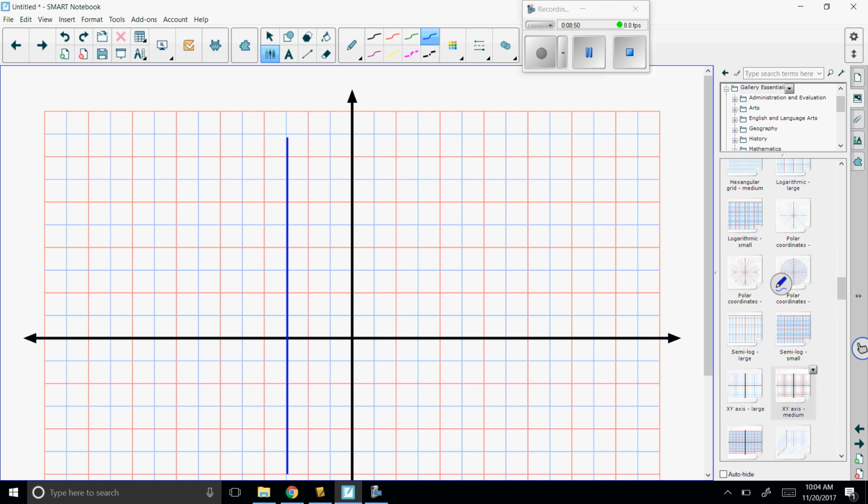My question for you is, what is the equation of that line? It's an undefined slope. Which axis does it cross? The x-axis, where? -3. So the equation for that is actually just x equals -3.